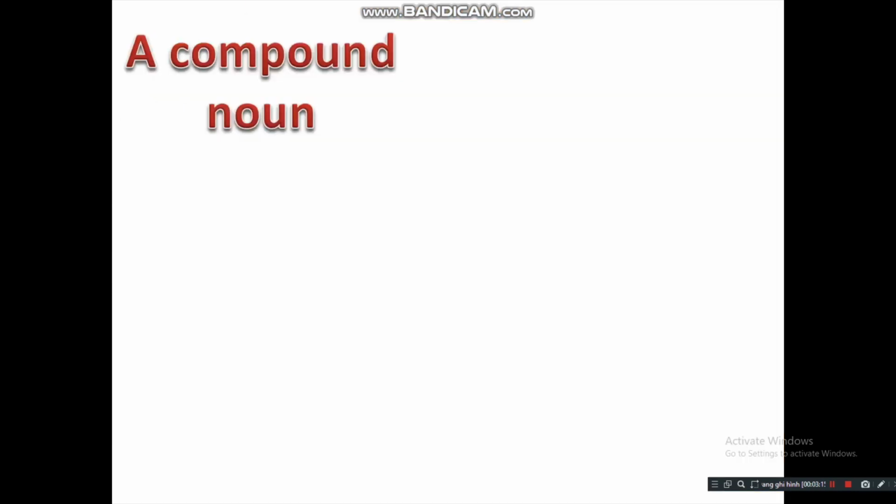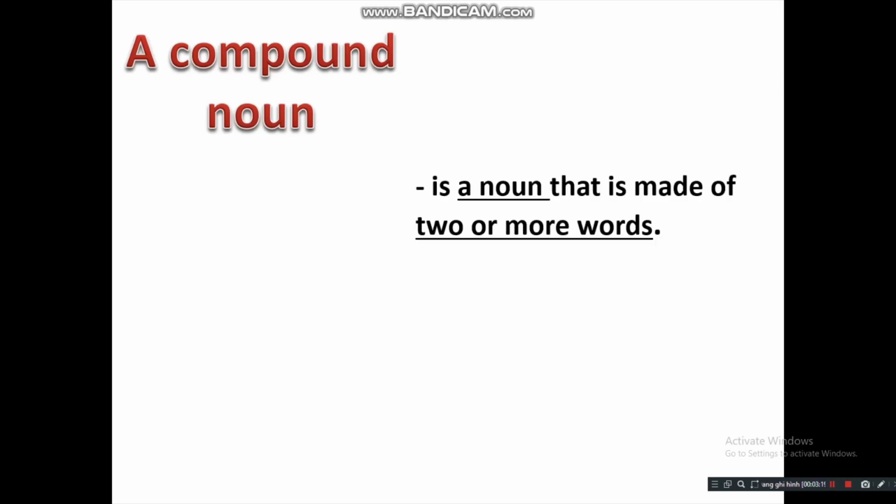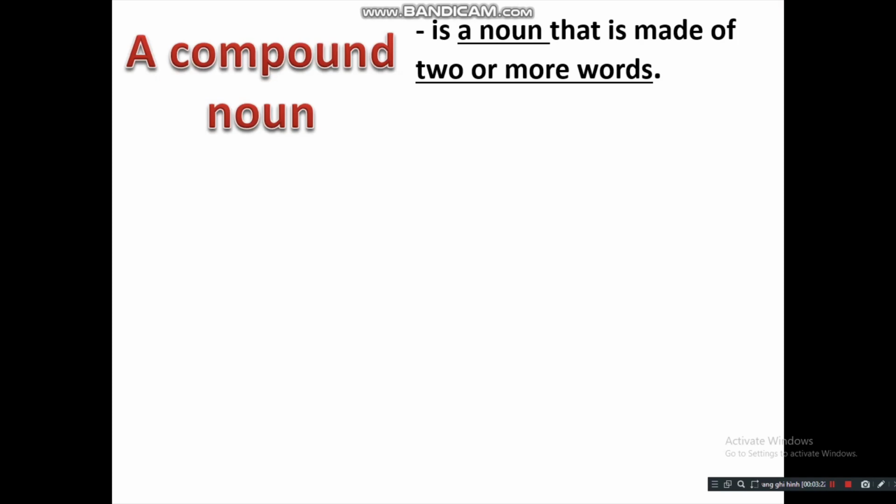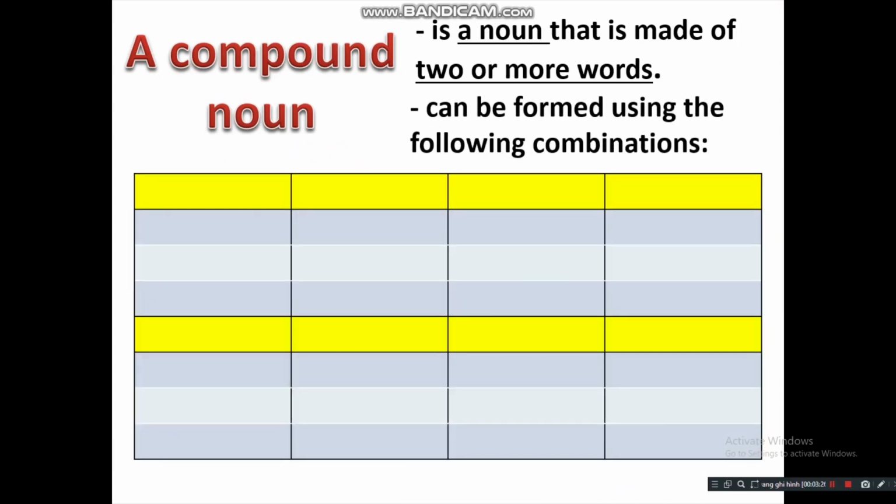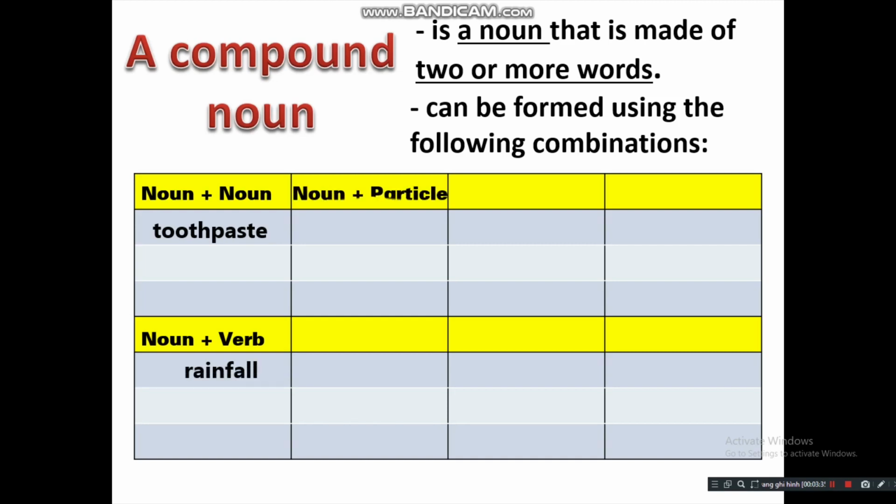Next, we'll learn about a compound noun. A compound noun is basically a noun that is made of 2 or more words, and you can form it using the following combinations. The first one is noun with noun. So, for example, toothpaste. And then we have noun with verb.